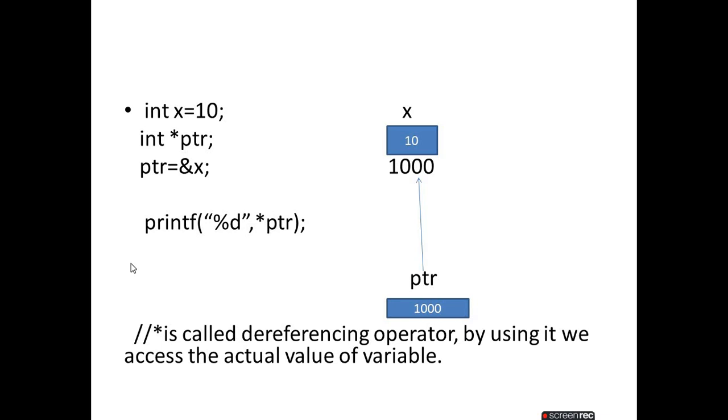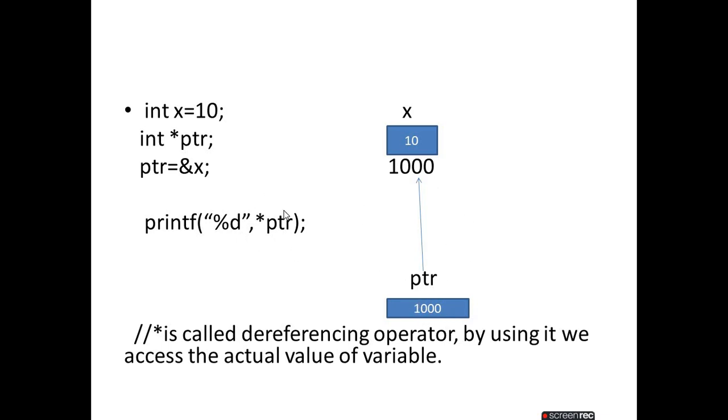This star symbol is called the dereferencing operator. Dereferencing means reference again. That means this star is used for accessing the actual value of a variable. I will show you when running the source code that uses a pointer, but for now just remember that star is used for accessing the value.